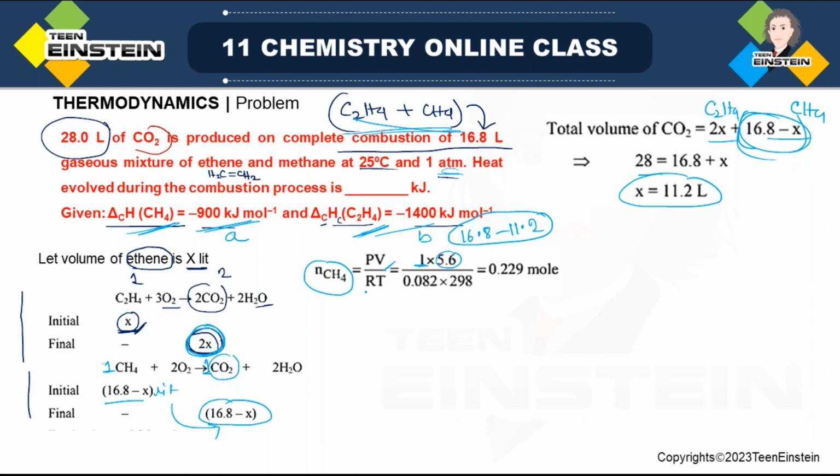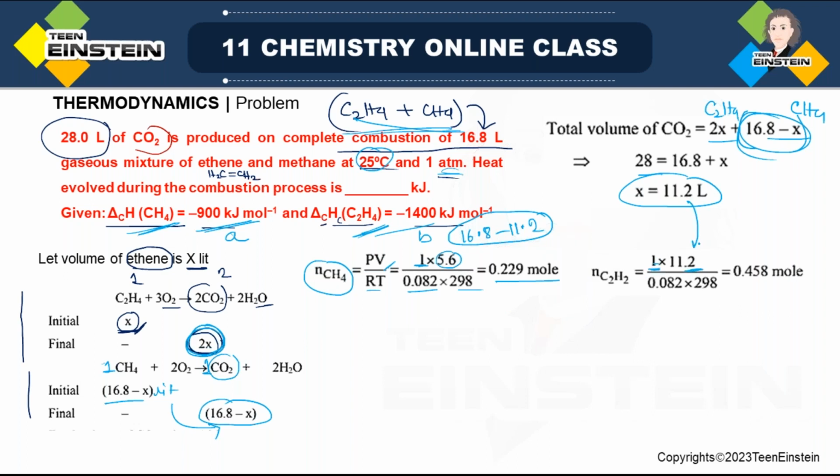So put it here. R, you have to use the liter atmosphere unit. Don't use 8.314 because now volume is in liter, and temperature 298, 25 degrees centigrade. So from this you are getting the number of moles of methane, 0.229. So similar way just follow for ethylene also. So for ethylene, pressure same.